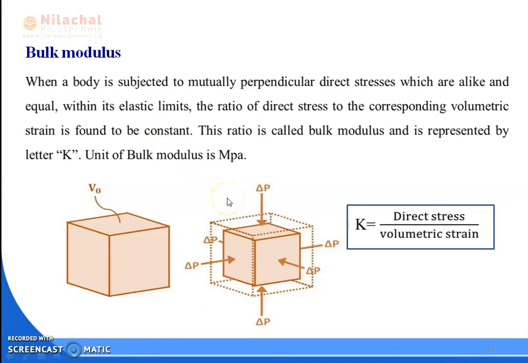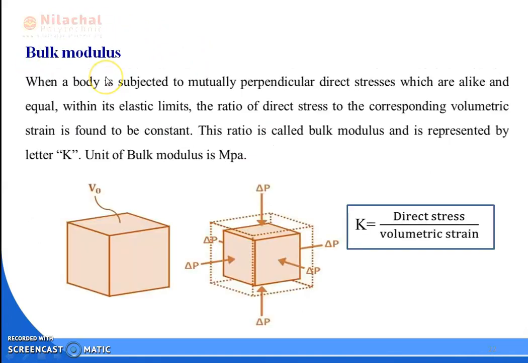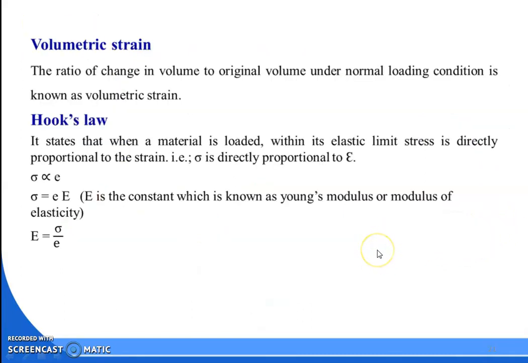Okay. So next one is, what do we mean by volumetric strain? Volumetric strain is the ratio of change in volume to the original volume under normal loading condition.